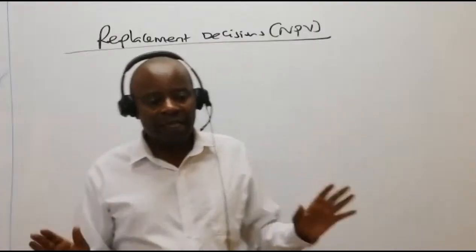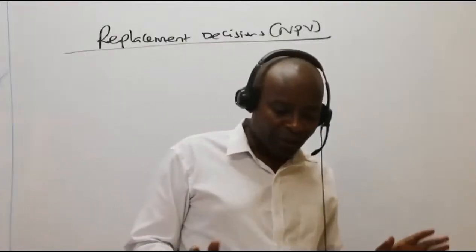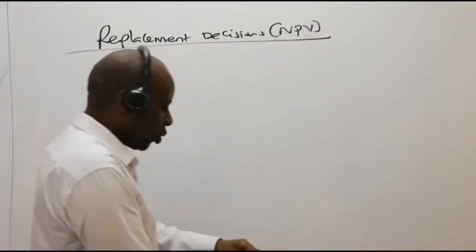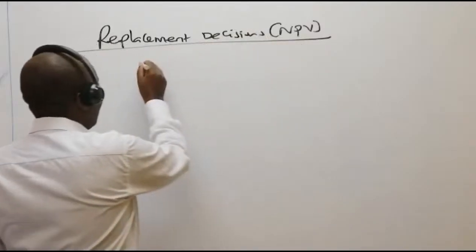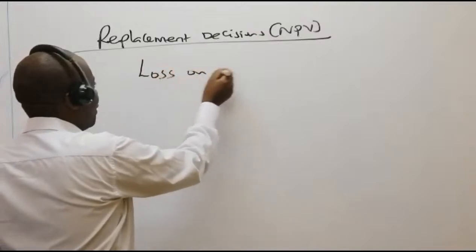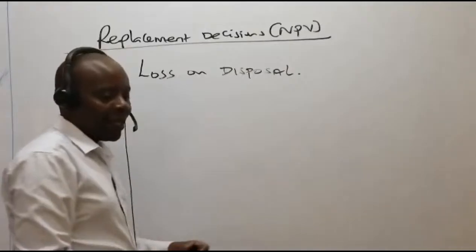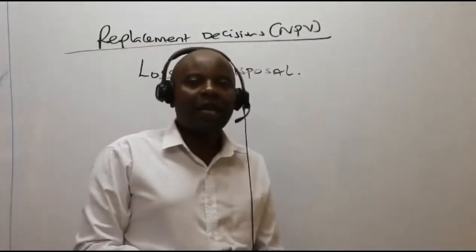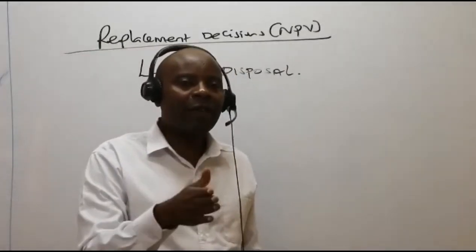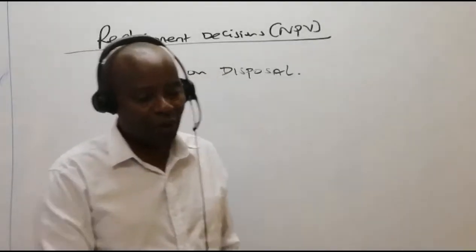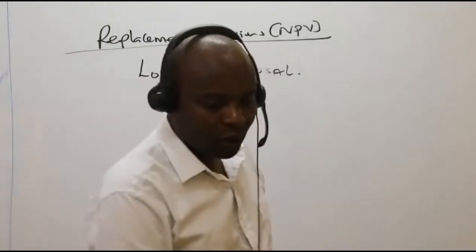And the very first thing we will do is to calculate the loss on disposal. I'm telling you, you buy a machine today, a 10-year-old machine, and then at year number 5, you start selling it, chances are you'll make a loss straight away. So what is the loss on disposal?